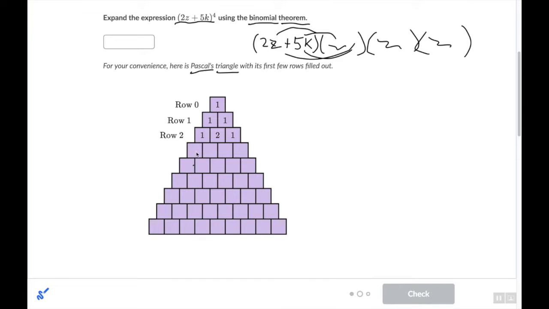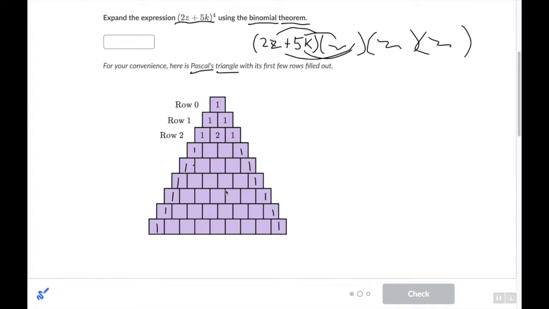So what we have is this shortcut from Pascal's triangle, and from yesterday's bell ringer, remember that to create this triangle, we send 1 down the sides of both of these pyramid sides. So you have 1 all the way down. Check back on your notes because everybody did this as a bell ringer yesterday.